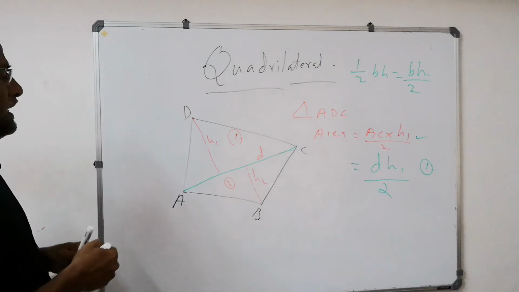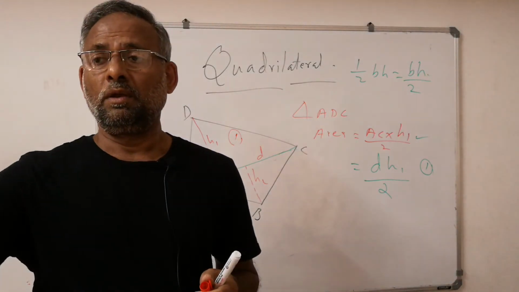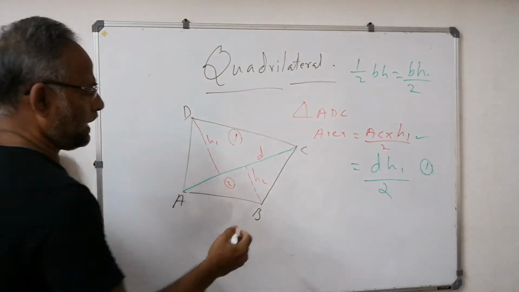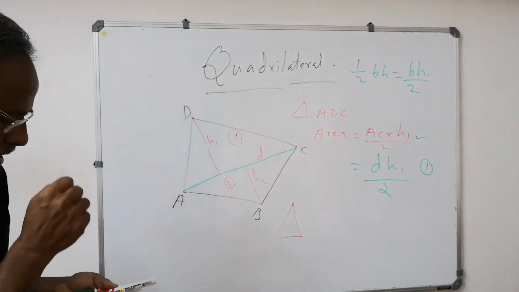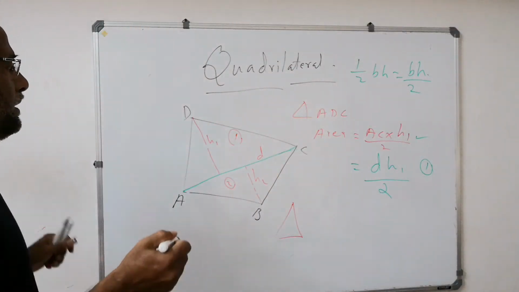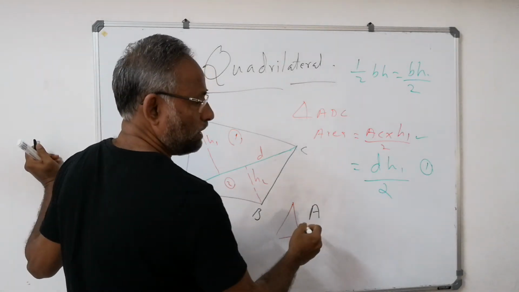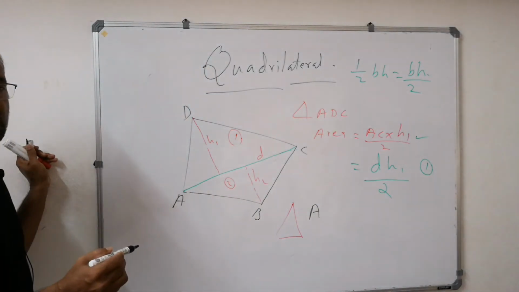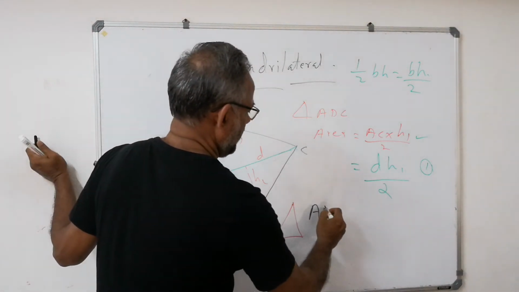Now, the area of the second triangle, you can tell me. Ziyad, please tell me. Area of the second triangle, sir. Okay, what is the name of the second triangle? Sorry, let me use the black pen. Fatima, tell me, what is the area of the second triangle? Which is the second triangle? Okay, ABC.